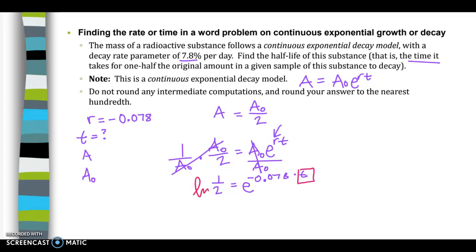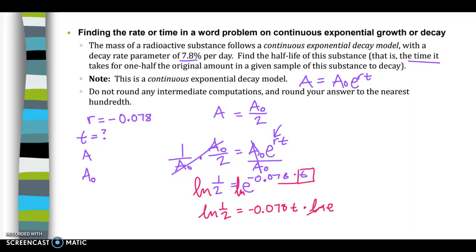So I take the natural log of both sides. I get the natural log of 1/2 equals negative 0.078 t, because I can bring that whole exponent down in front, times the natural log of e.